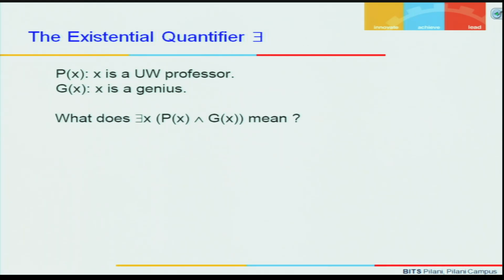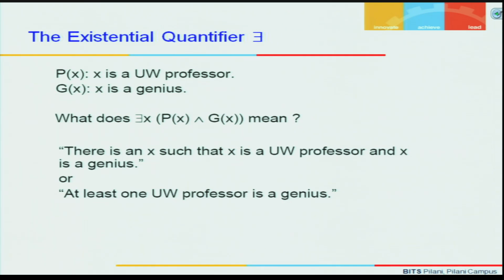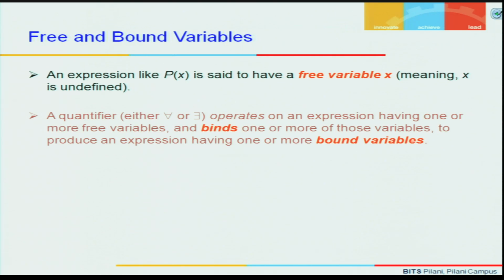If the universe of discourse is the set of all human beings, it says that there exists a human being who is a UW professor and is genius. Or equivalently, at least one UW professor is genius. This is precisely what it means.